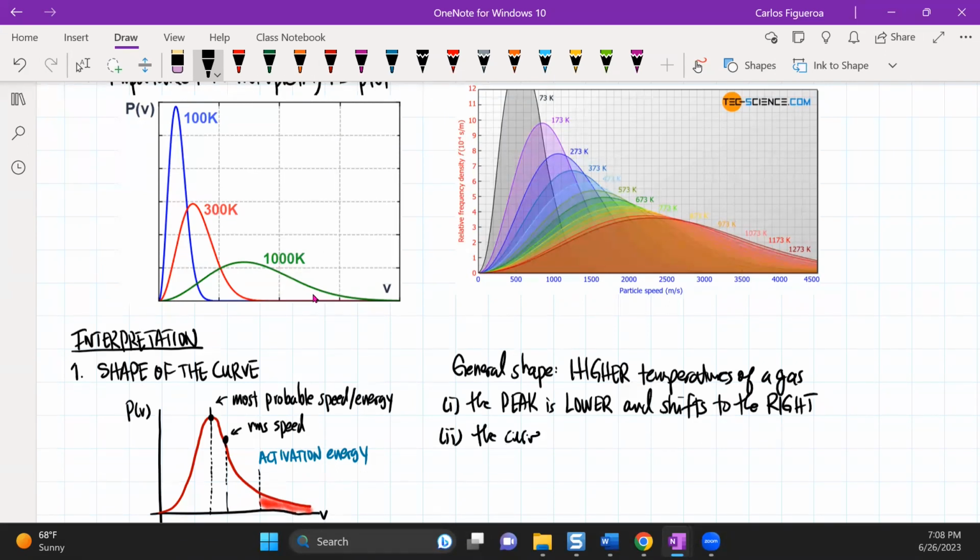The curve, I'm not really sure what I said before.